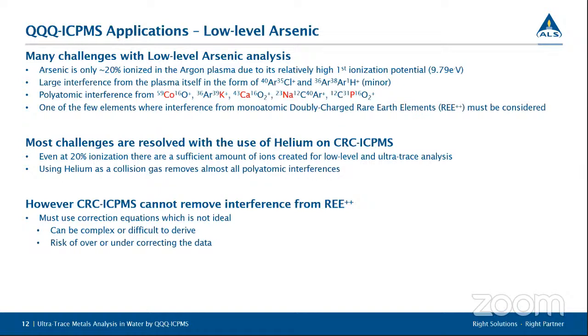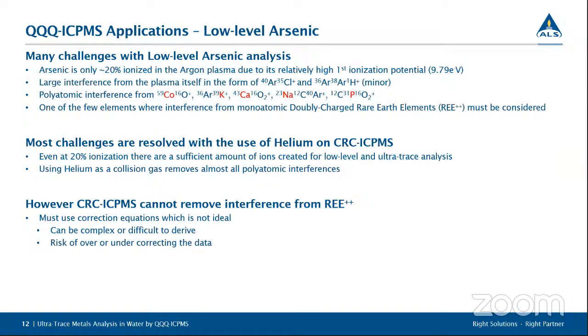Fortunately, most of the polyatomic challenges have been addressed with the introduction of collision cell ICP-MS using helium as a collision gas. However, the collision reaction cell in helium mode cannot remove interference from monoatomic doubly charged rare earth elements, so we must rely on correction equations.